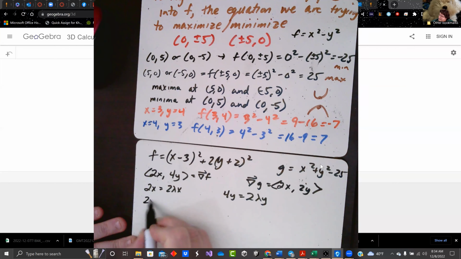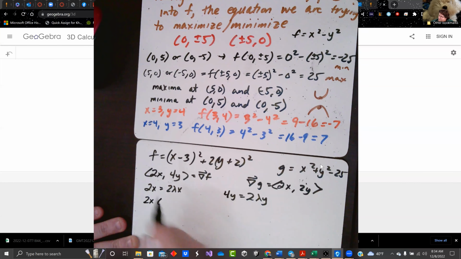So, I didn't want to go all the way through this whole problem because I'm trying to show that using a different function gives us different values where the constraints lie. So 2x minus 2 lambda x equals 0. I can divide by 2, and I've got x times (1 minus lambda) equals 0.